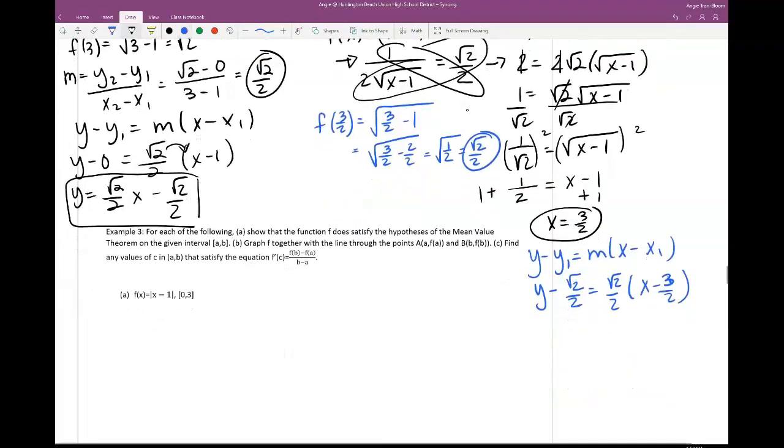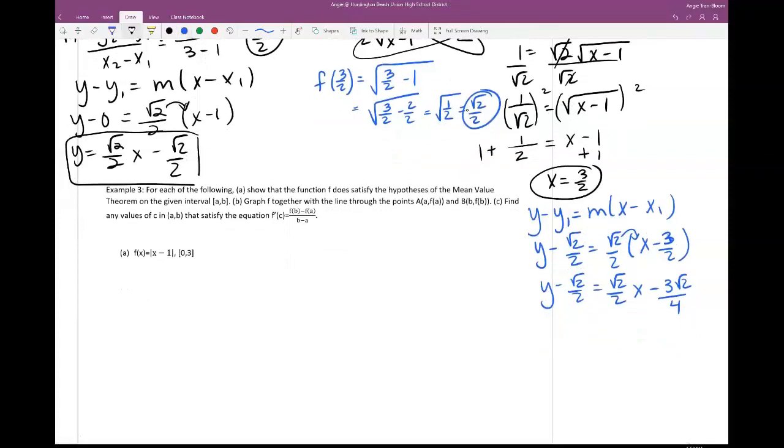Okay, distribute the rad 2 over 2, so y minus rad 2 over 2 equals, that's going to be rad 2 over 2 x minus 3 rad 2 over 4. I'm going to move this rad 2 over 2 to here. Okay, so now I would have y equals rad 2 over 2 x.